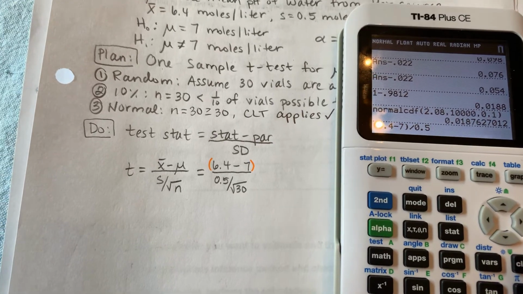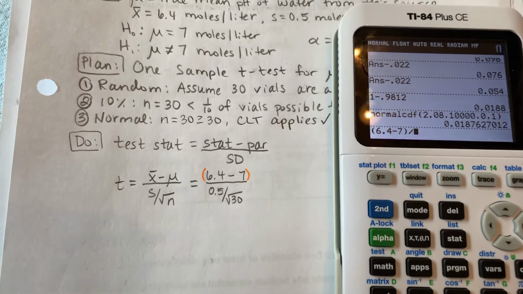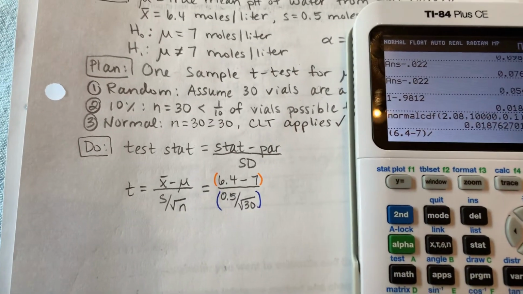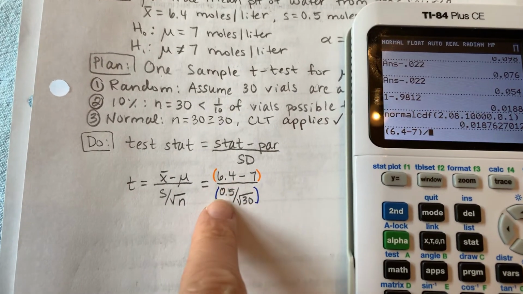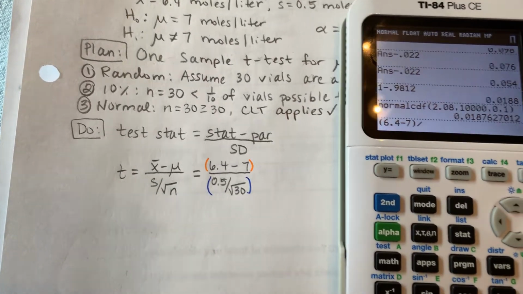Oh, actually, I almost forgot. I do also need parentheses around the denominator here to make sure that I divide by all of this. Otherwise, order of operations will take the difference in the top divided by 0.5 and then divide that value by the square root of 30, and that's not what we want.